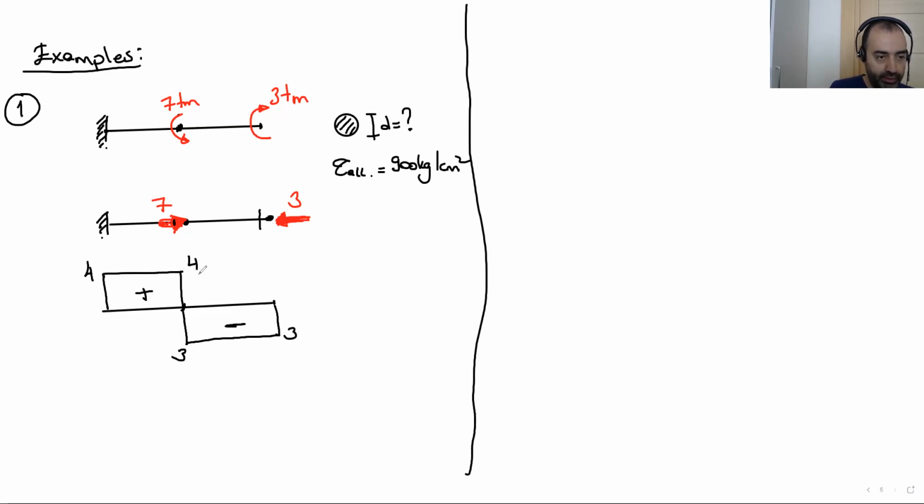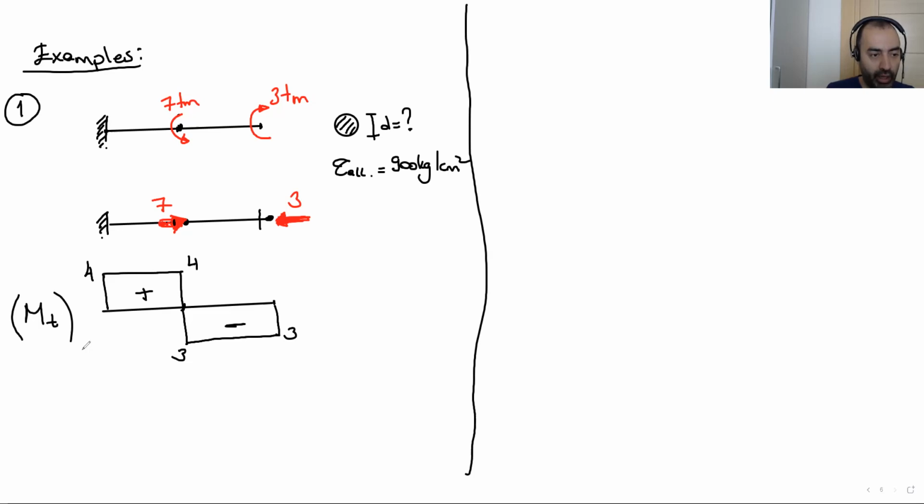Yes, this is the torsional moment diagram. If you don't draw this diagram, you make your calculations wrong. You could take into account 7-ton meter directly, but actually we don't have 7-ton meter on the system.